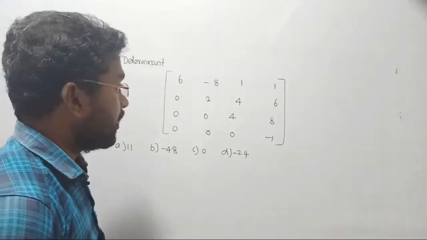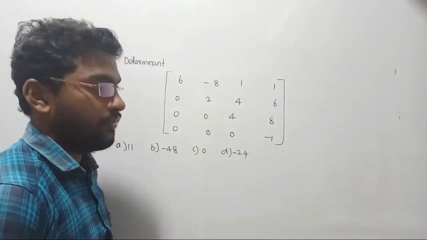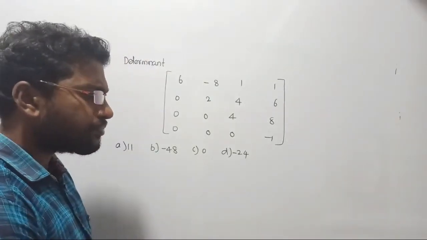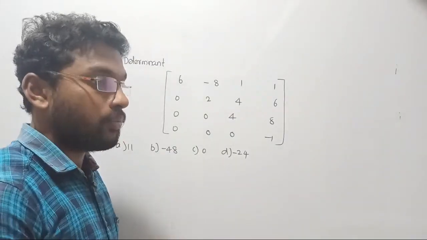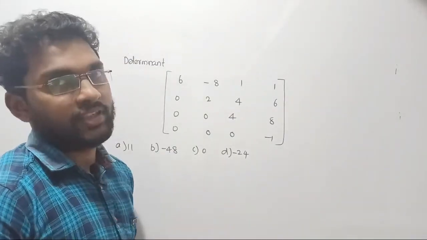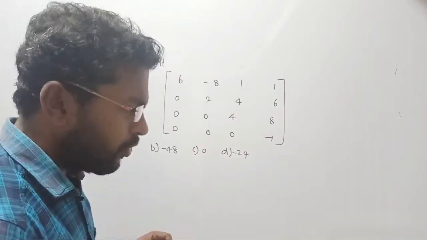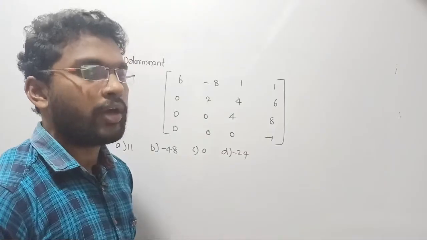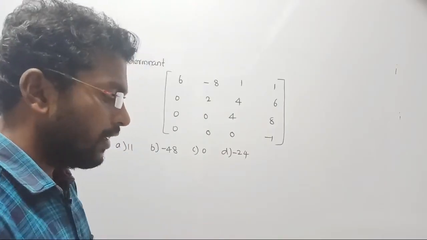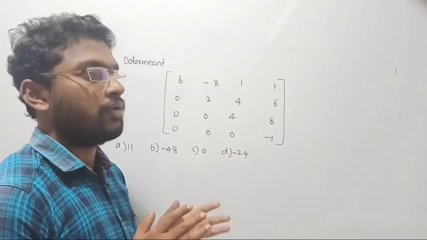Given it is a 4x4 matrix. If you want to find out the determinant for a 4x4 matrix, of course we know the standard procedure. But I told you, whenever you are looking at a fourth order matrix, definitely there will be some tricks at the beginning of the question.